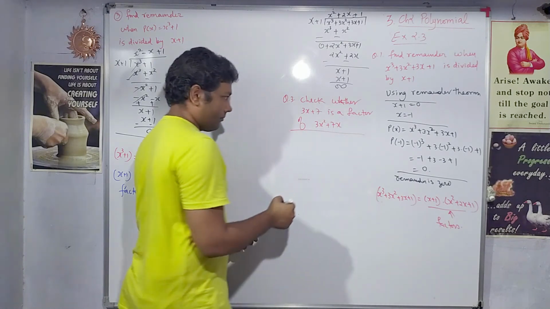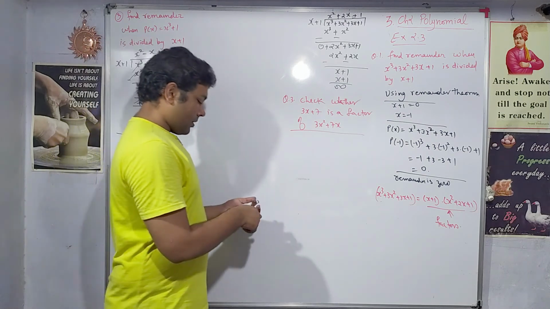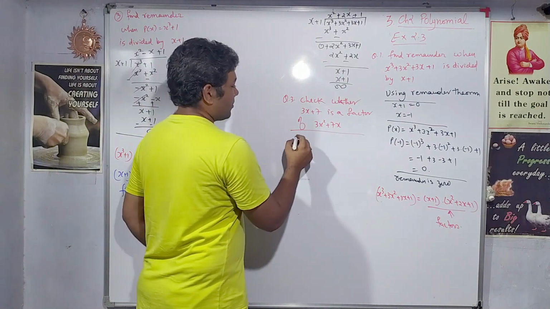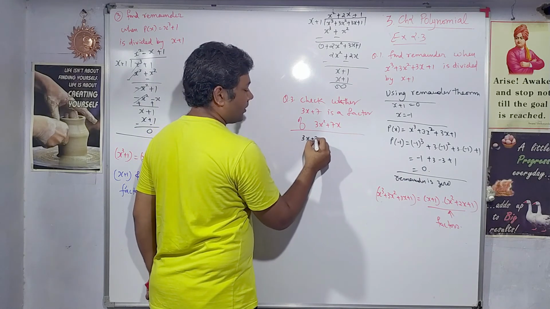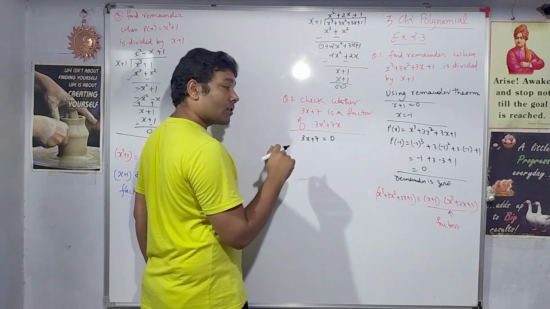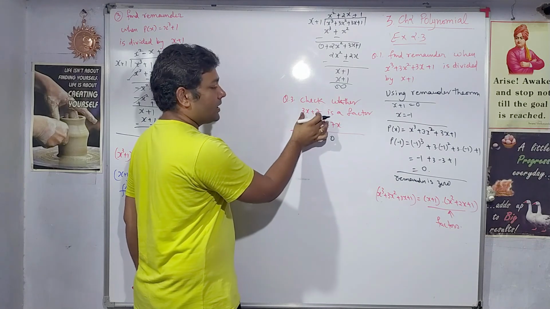How do we check? We know that if this is a factor, then the remainder must be 0. So equating the divisor with 0, this will be the divisor, because if we divide, then the remainder must come 0 for this to be a factor.